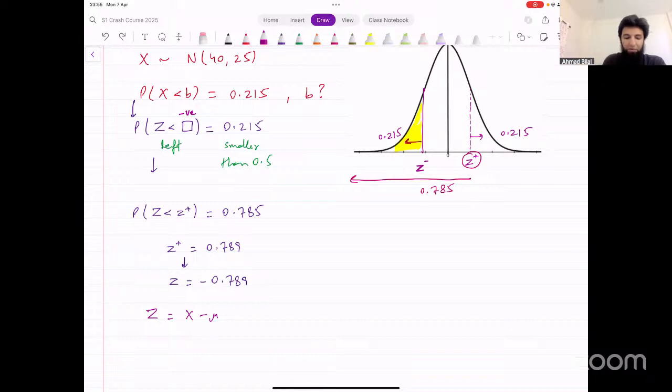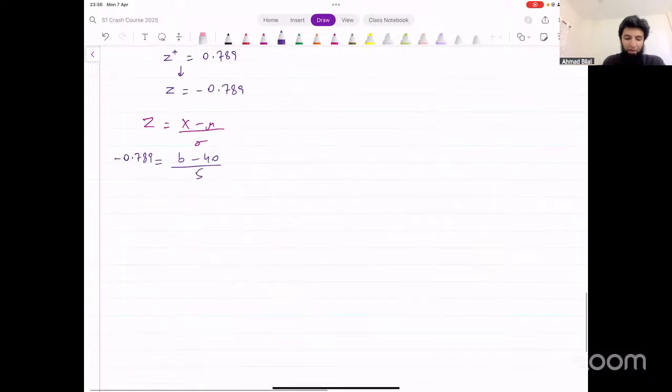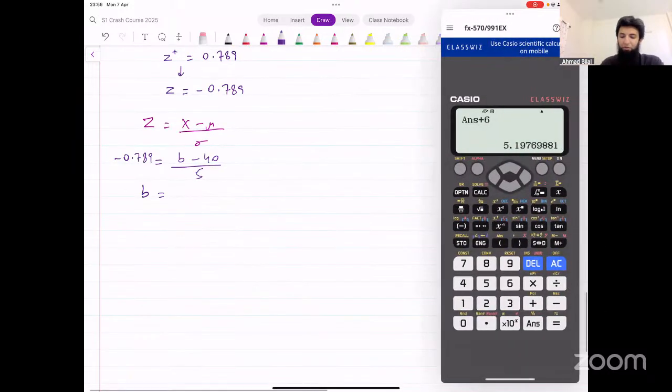Let's input values in the formula now to find that missing information. In place of x, we can input b. Mean was 40. Standard deviation was 5. And z is minus 0.789. And that would give us the value for b. You can see what that turns out to be.